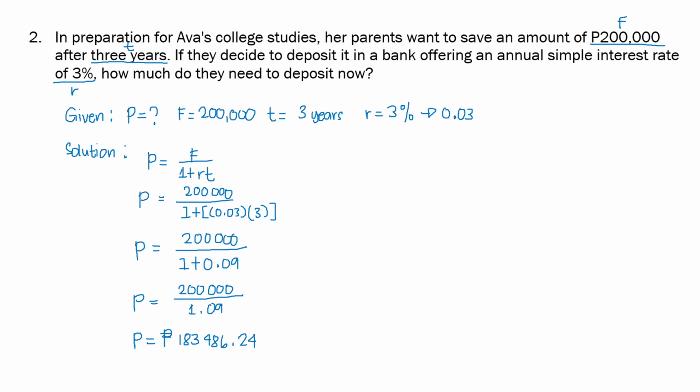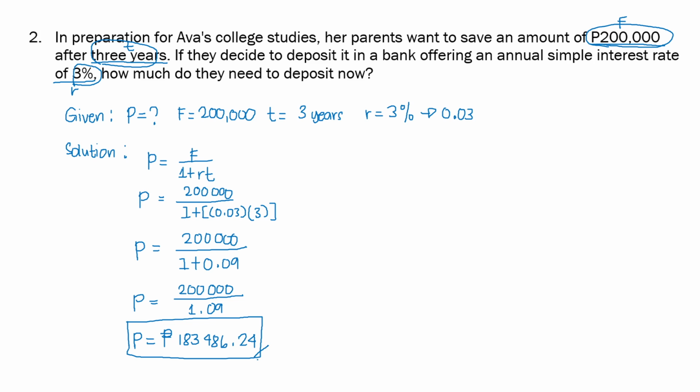So this is our present value. This is the answer. So mao ni ang kinahanglan nga amount or principal amount para makakuha ang parents ni Ava og 200,000 after 3 years at a simple interest rate of 3%.